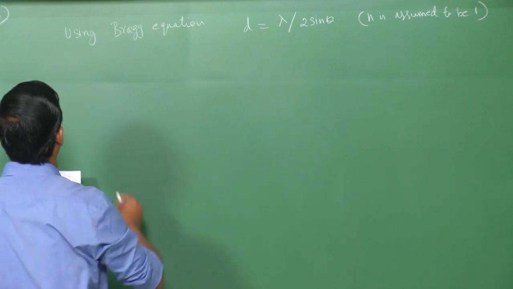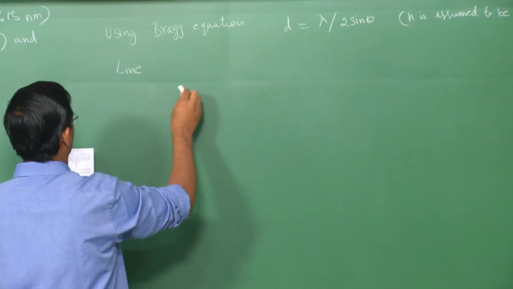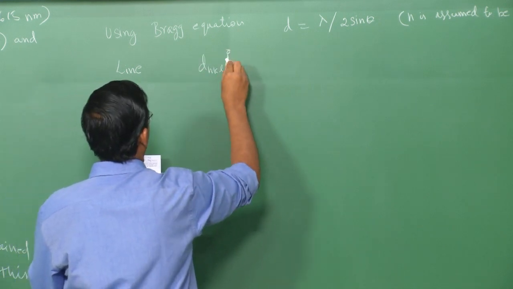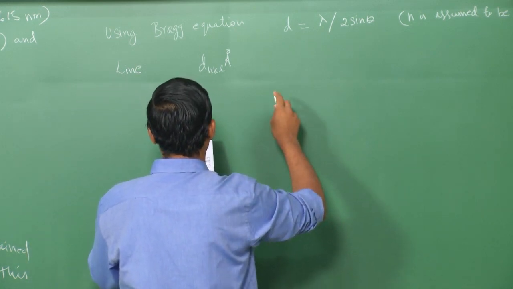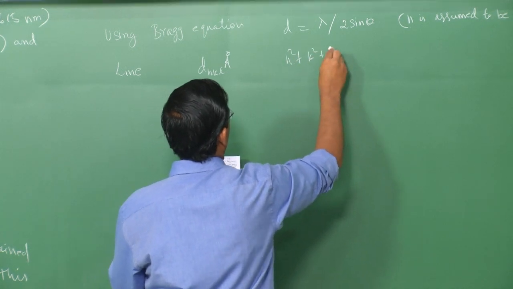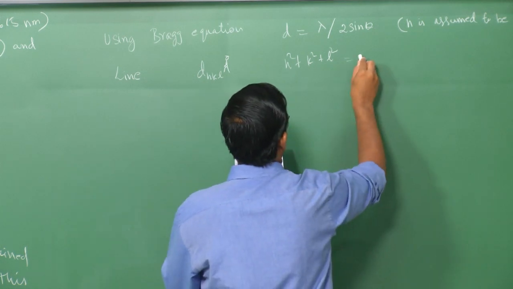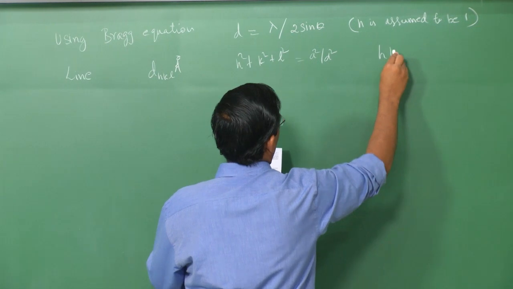So, for the lines, we tabulate d HKL in angstrom, and then h square plus k square plus l square, which is a square by d square HKL.